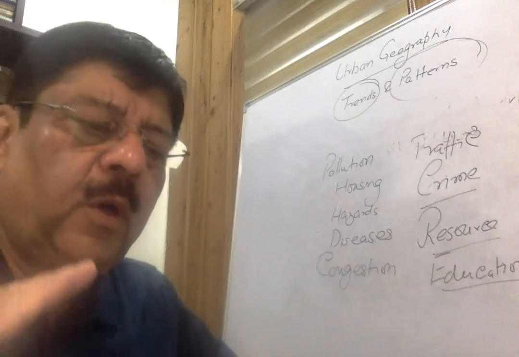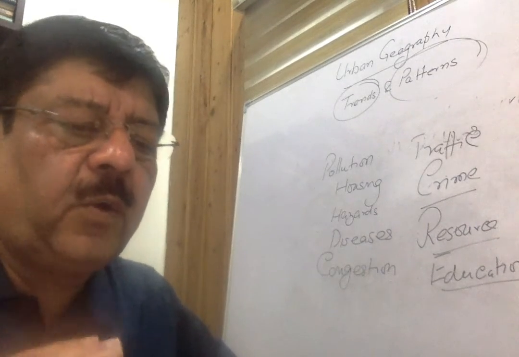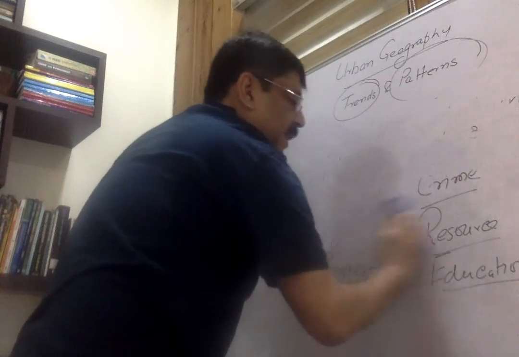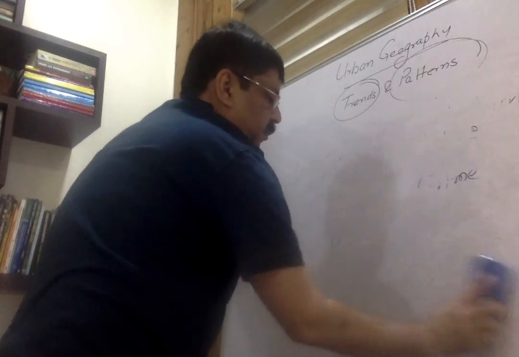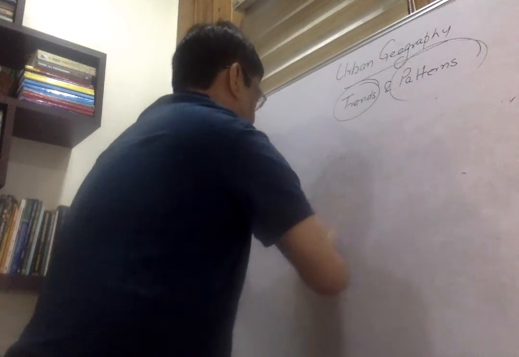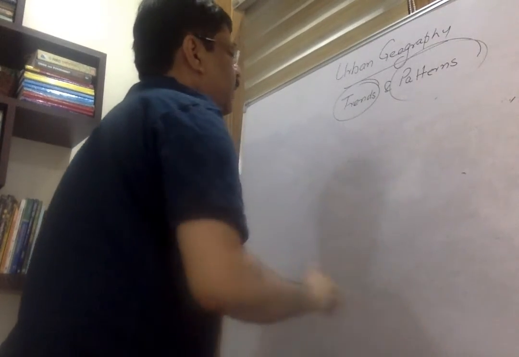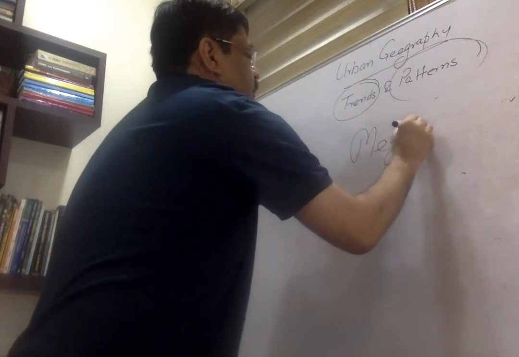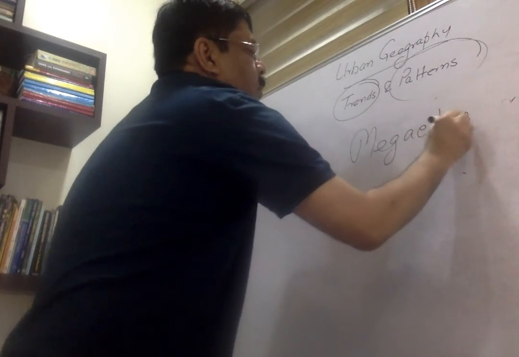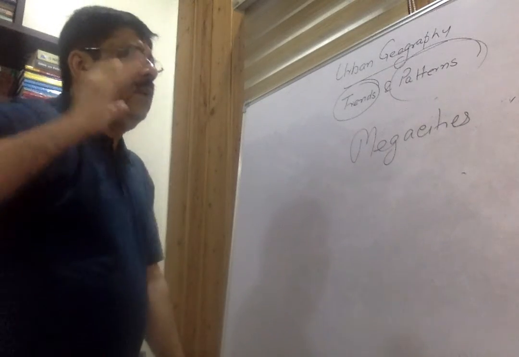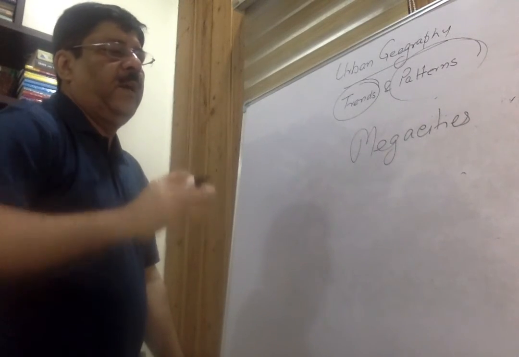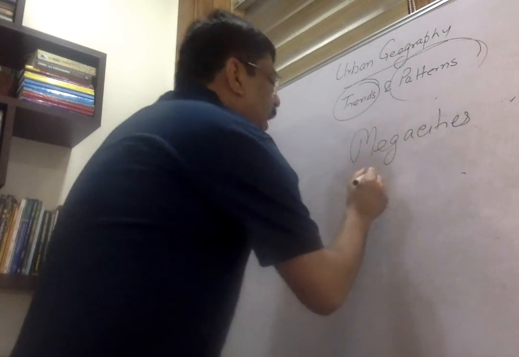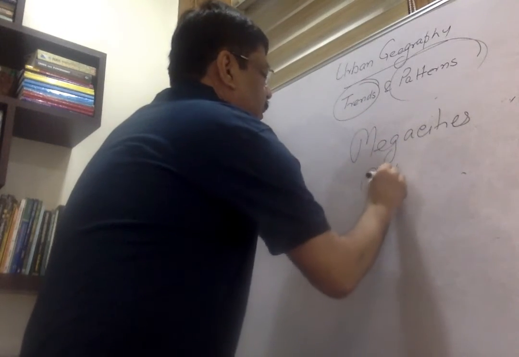Though the smaller cities are growing faster, most of the urban population is still concentrated in mega cities, big cities like Bombay, Karachi, London, New York, Paris, Calcutta, Kolkata, mega cities and metropolises.